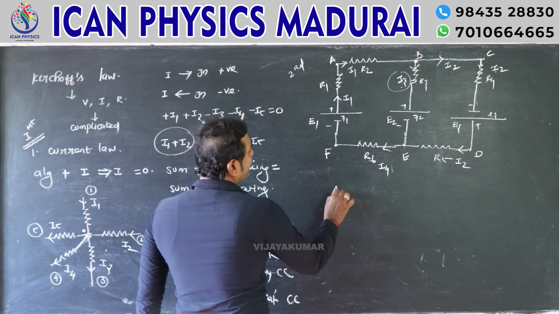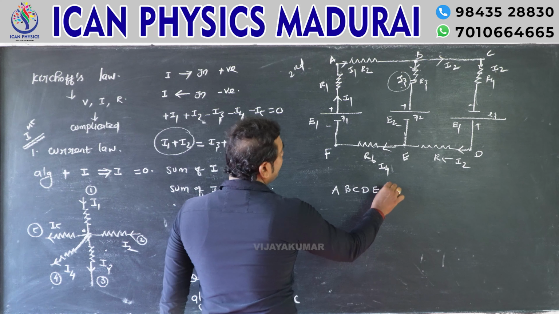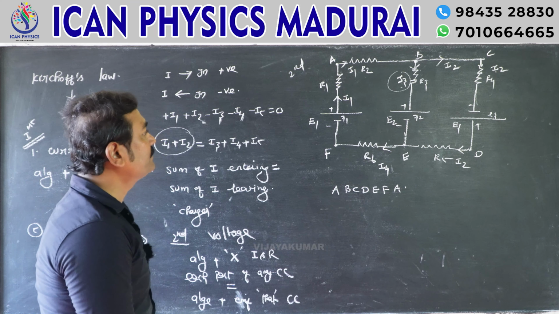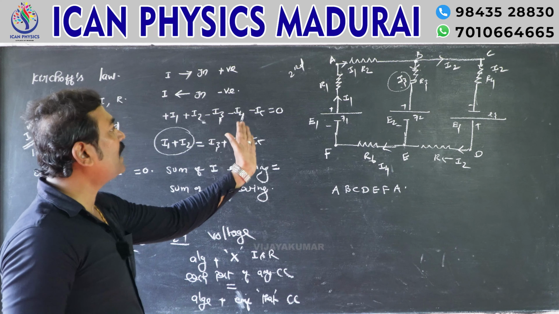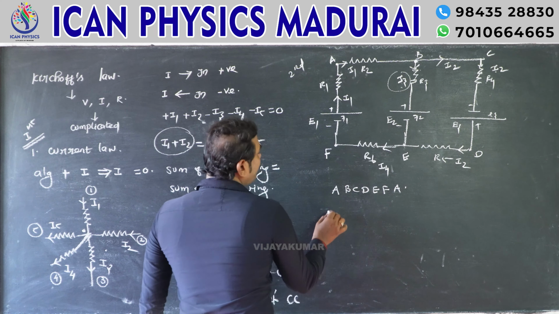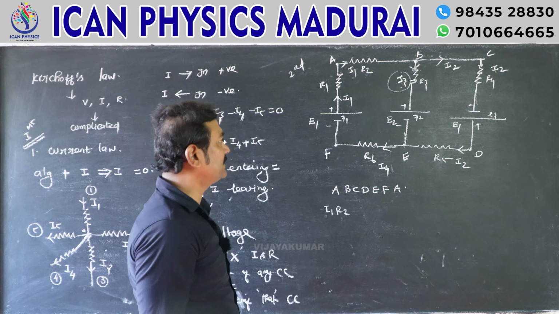Let us take the loop A, B, C, D, E, F, A. From A to B: I1 into R2, the product of current and resistance.